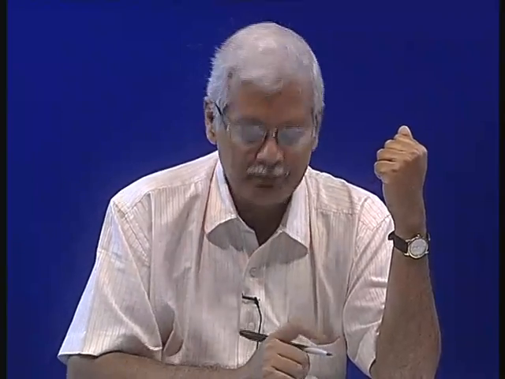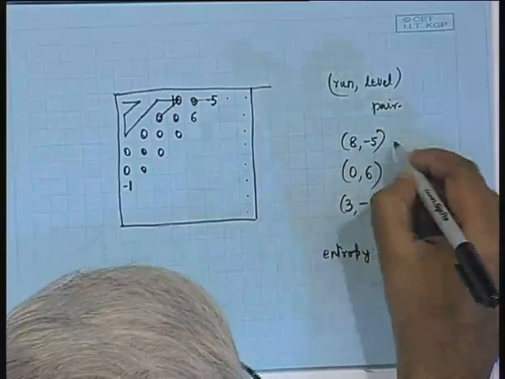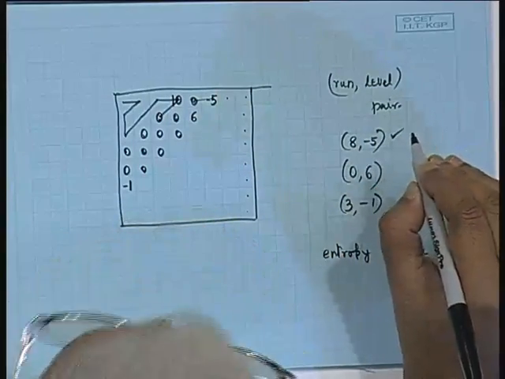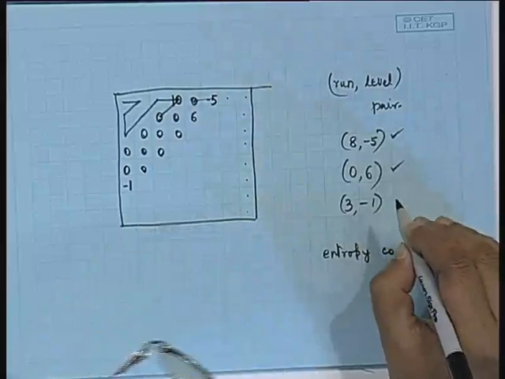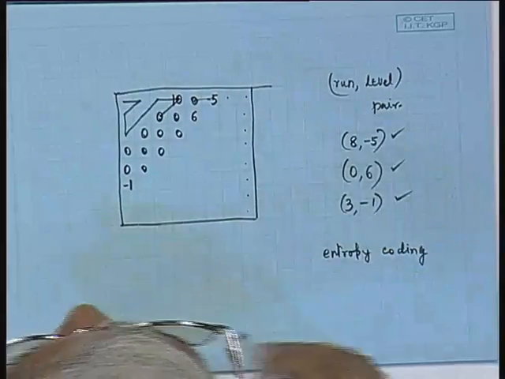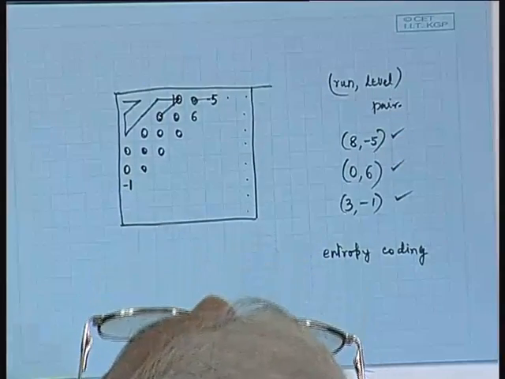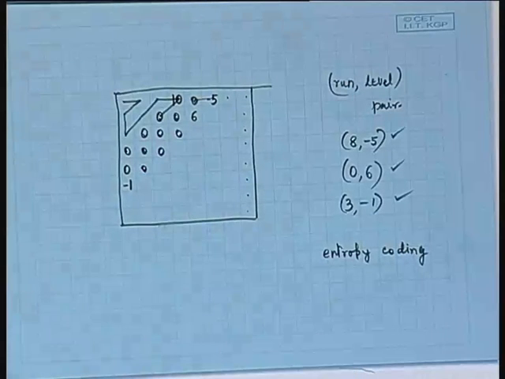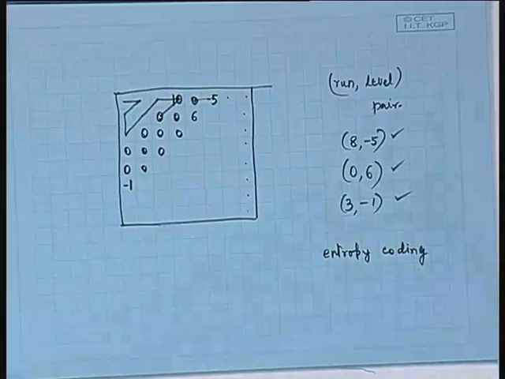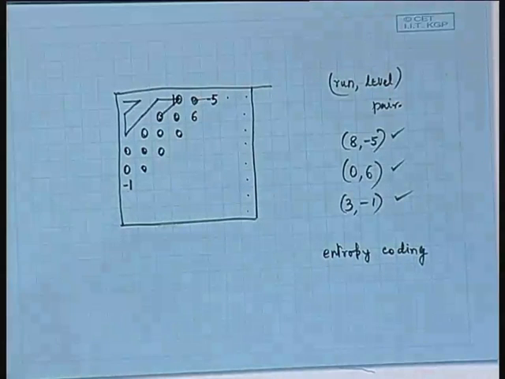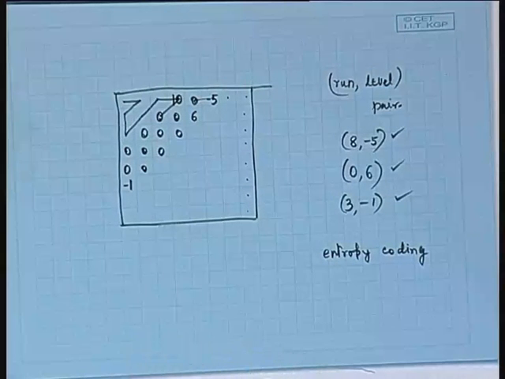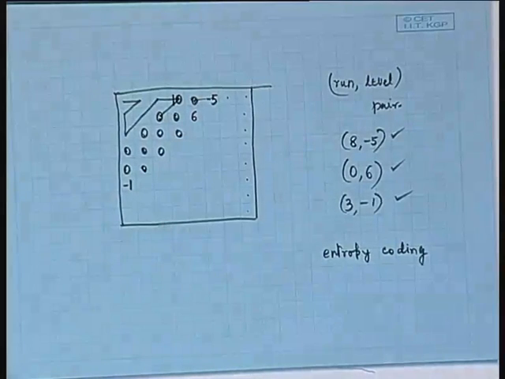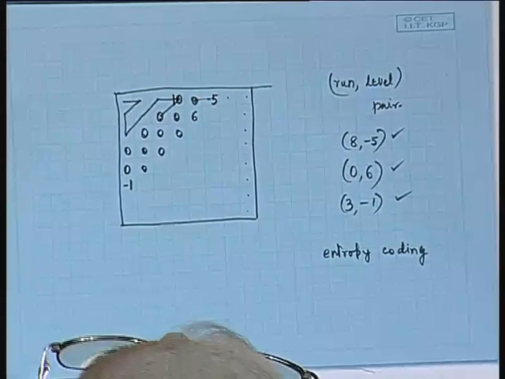So, what are the symbols? The symbols will be like, say, 8 comma minus 5, this is one symbol, 0 comma 6 is one symbol, 3 comma minus 1 is another symbol. Like this there will be a table which will be prepared, and from that table one can find out what should be the corresponding Huffman code, and one can use the Huffman code for this, or instead of Huffman code one can also go in for an arithmetic coding.